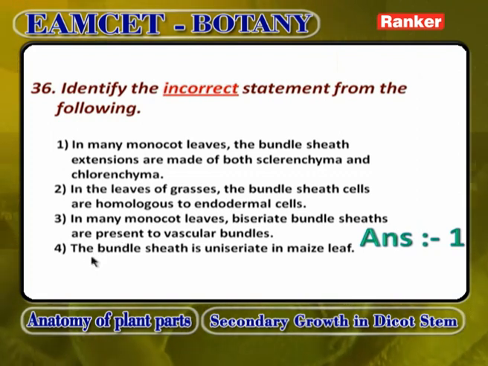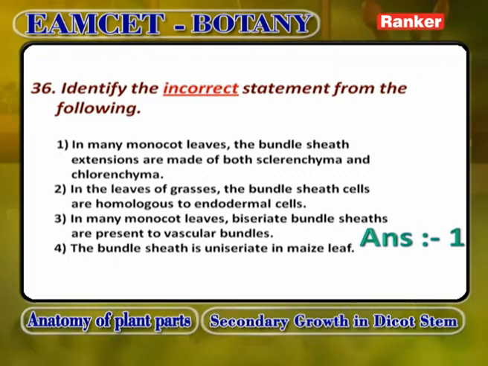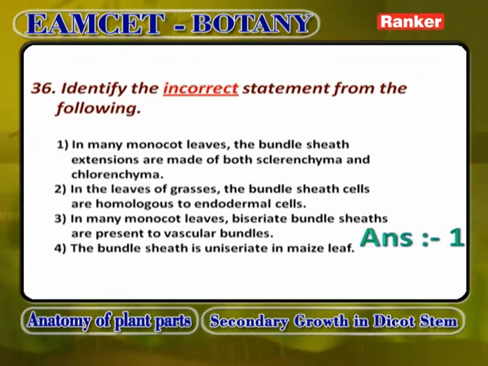So the wrong one is that in many monocot leaves the bundle sheath extensions are made up of both sclerenchyma and chlorenchyma. It is made up of sclerenchyma and parenchyma. In a dicot leaf, bundle sheath extensions running from endodermis or bundle sheaths to upper and lower epidermis are parenchymatous, whereas in monocot leaf, the bundle sheath extensions are sclerenchymatous. So the correct answer is the first statement, the incorrect one among these 4.